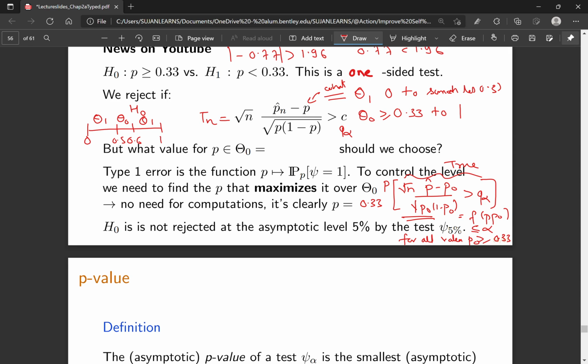How do we do the hypothesis testing here?